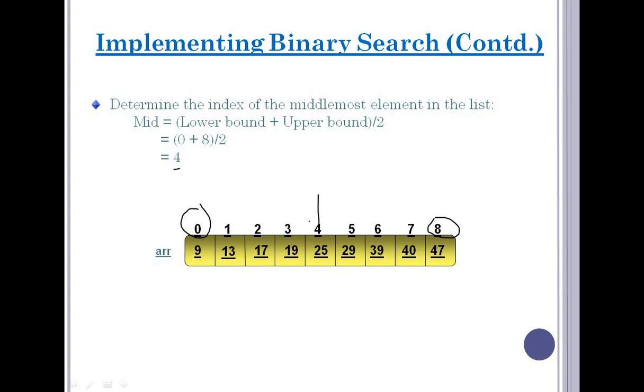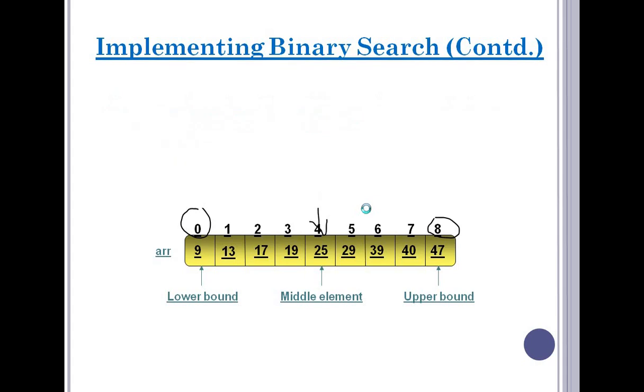So mid points to 4. The lower bound is a variable initially 0, the upper bound is initialized to n minus 1. Here n is 9, so 9 minus 1 is 8. And for the middle element, 0 plus 8 divided by 2 is initialized to 4.